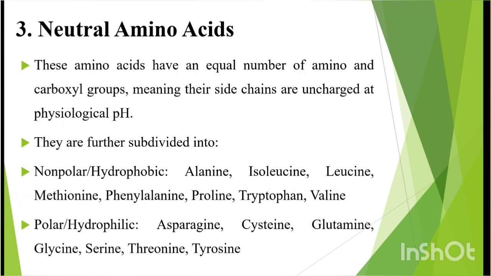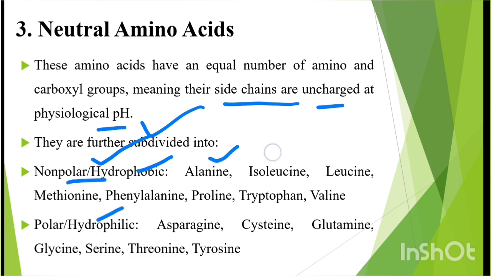Then neutral amino acids. These amino acids have an equal number of amino and carboxyl groups. That means their side chains are uncharged at physiological pH. They are further subdivided into non-polar, that means hydrophobic, and polar, that means hydrophilic.